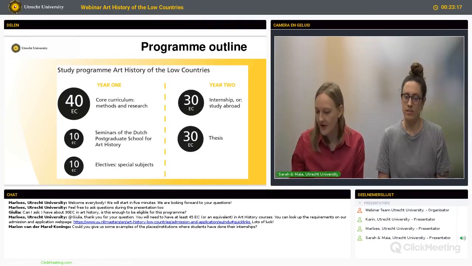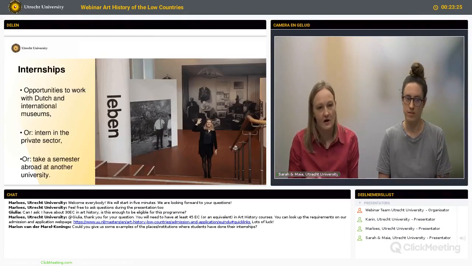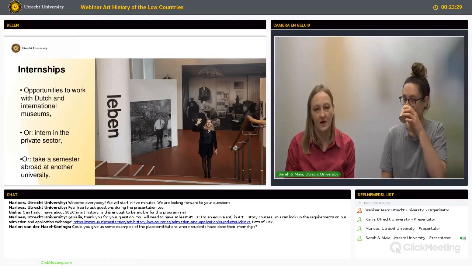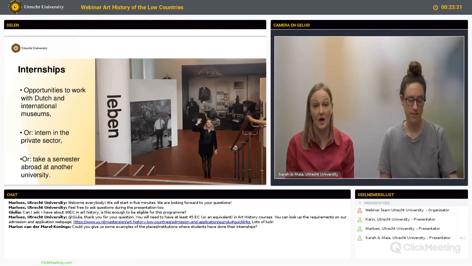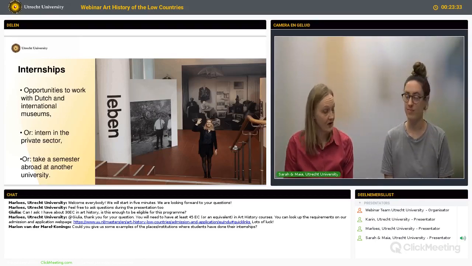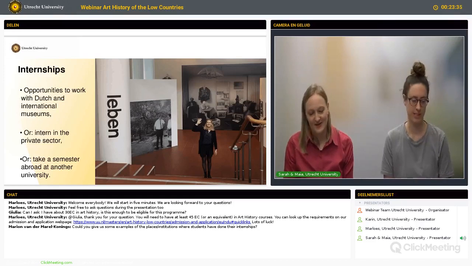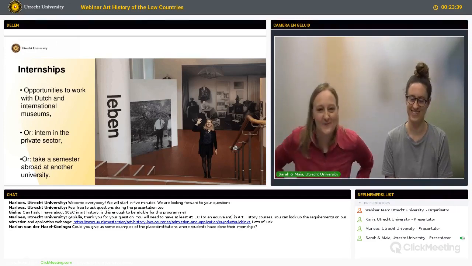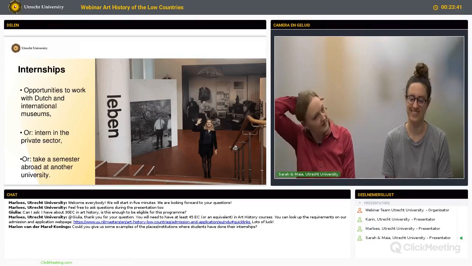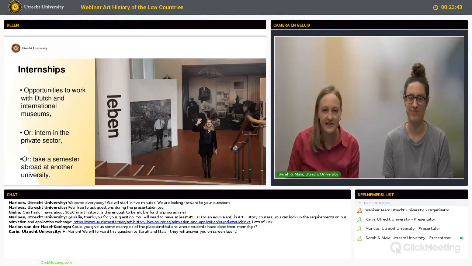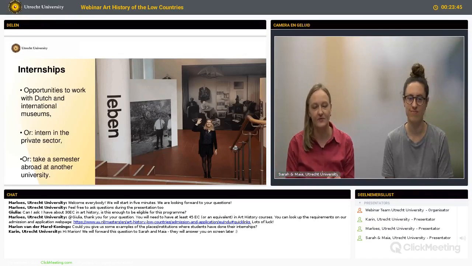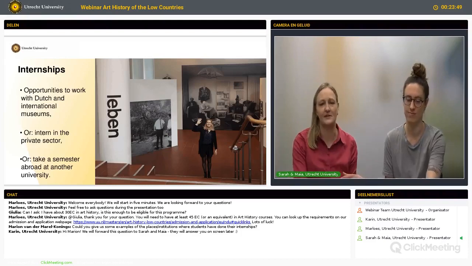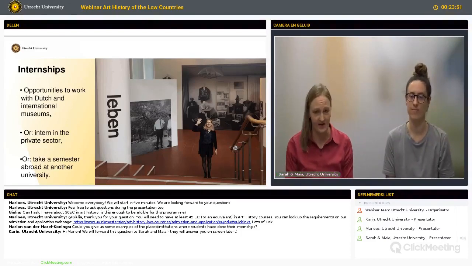With your internships, you are pretty much totally free to choose where you want to go, what kind of work you want to do. It should be a recognized institution, but other than that, total freedom. What often happens is that Dutch students in the program will go abroad, and foreign students will often work in Dutch museums, but that's not a rule at all.